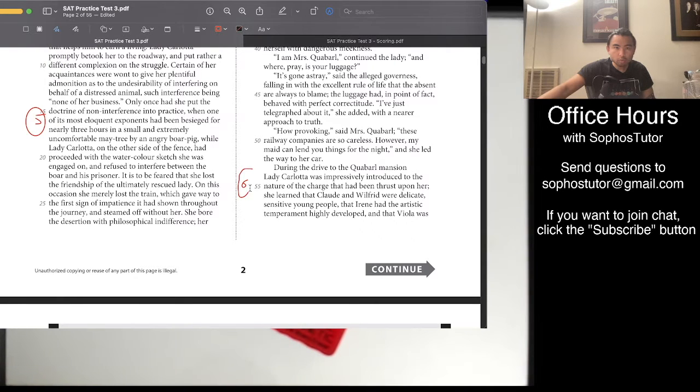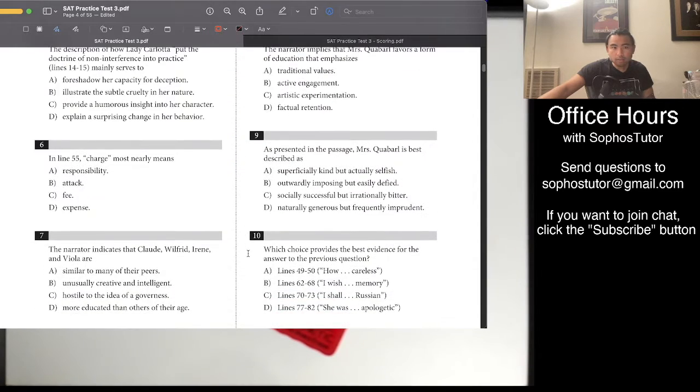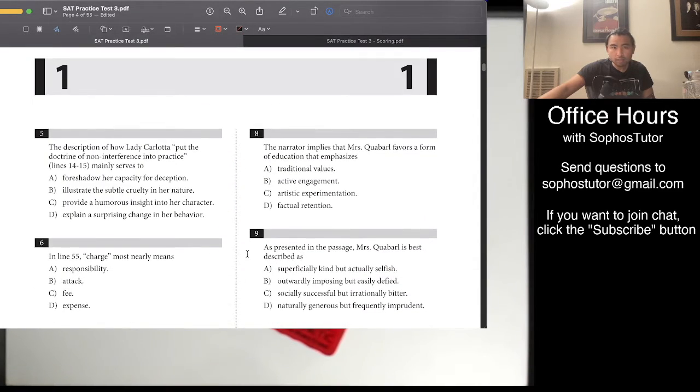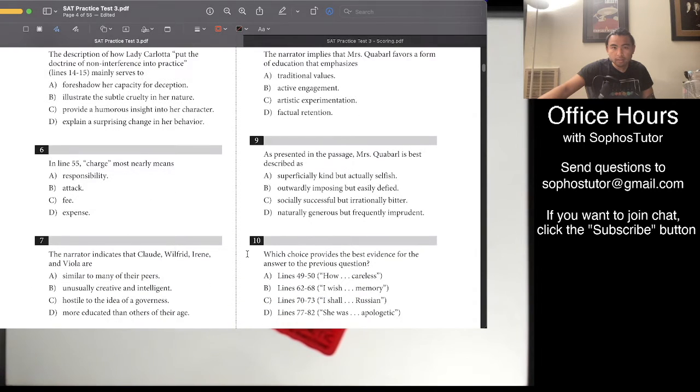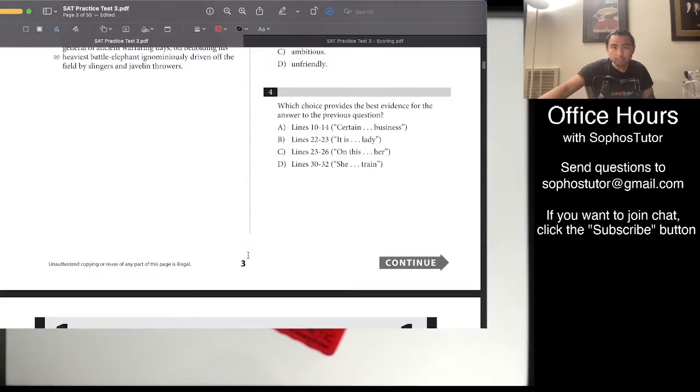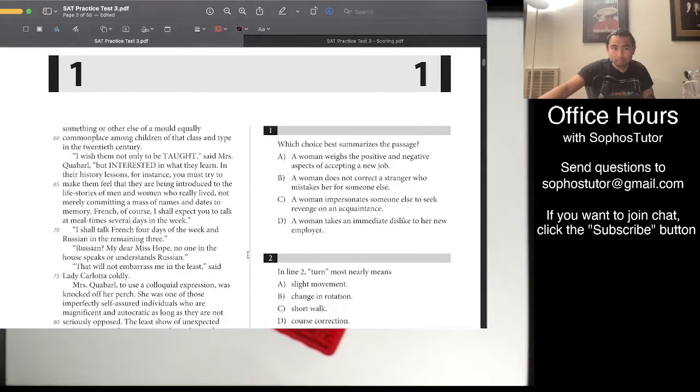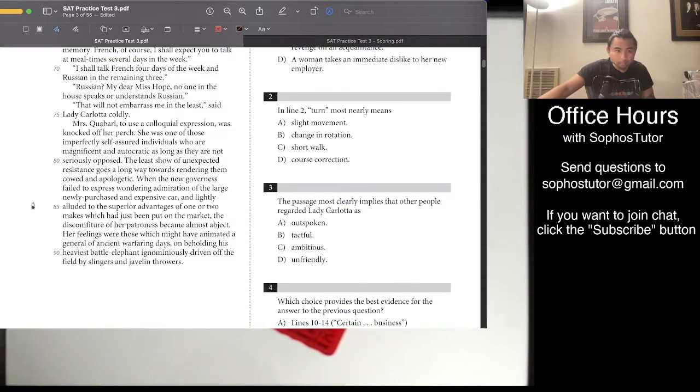7 does not have a reference, 8 does not have a reference, 9 doesn't have a reference, 10 does, line 82. Okay, so I call this question annotation.